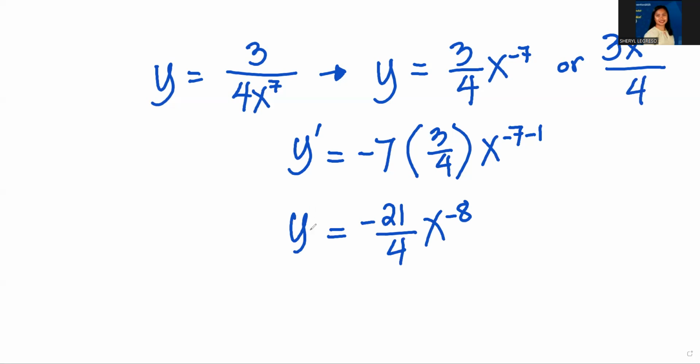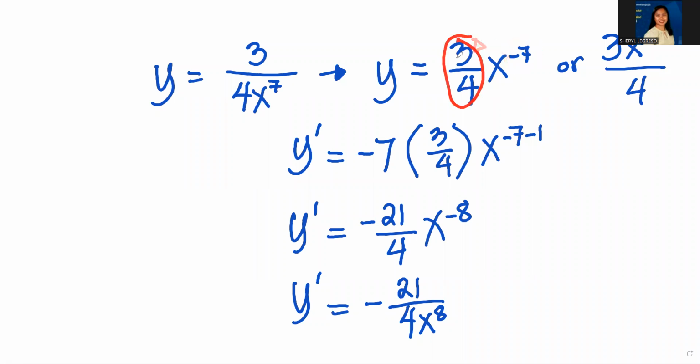If we are going to rewrite this and simplify it, we can have negative 21 over 4x raised to 8.